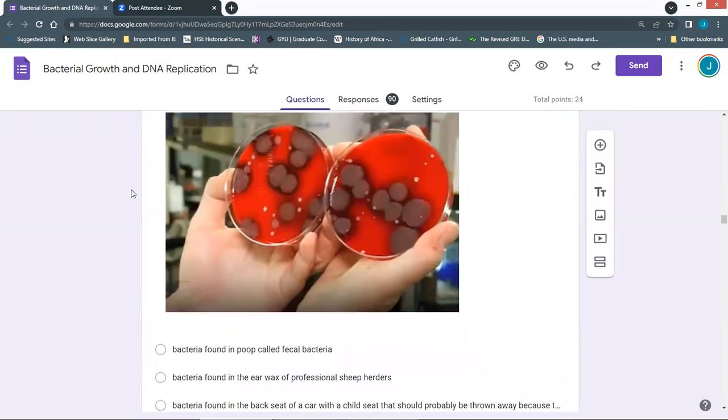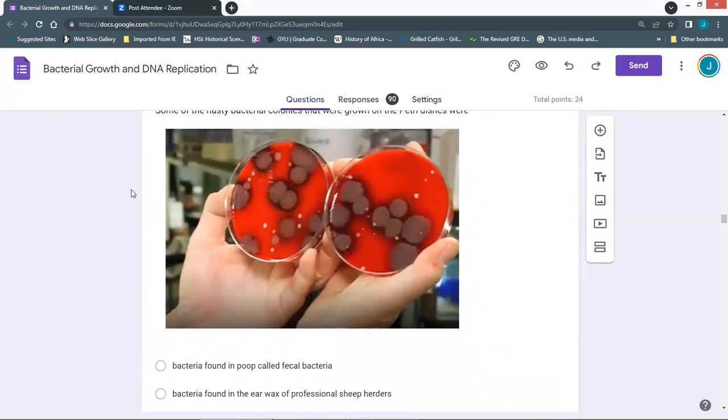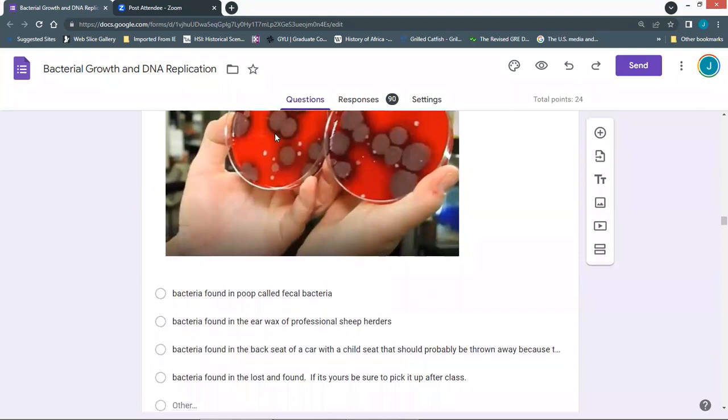Some of the nasty bacterial colonies that were grown on the plates were bacteria found in poop called fecal bacteria. And that was one of the interesting things that the scientists talked about. I think it was 2 or 4 of the cell phones that were swabbed out of the total 28 were fecal bacteria, meaning those people probably took those cell phones to the toilet with them.